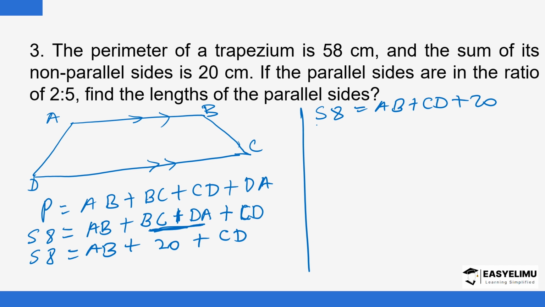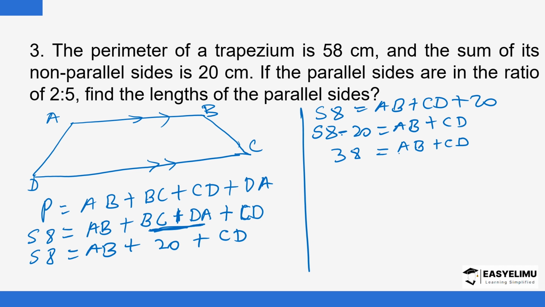So 20 can be brought to the other side. 58 minus 20 is equal to AB plus CD. So what do you get? 38. So AB plus CD is 38.